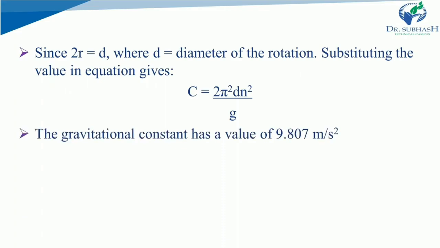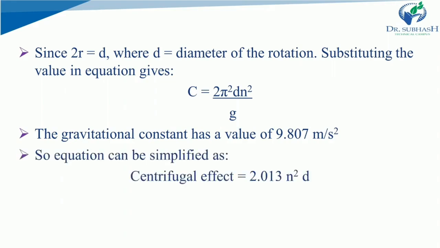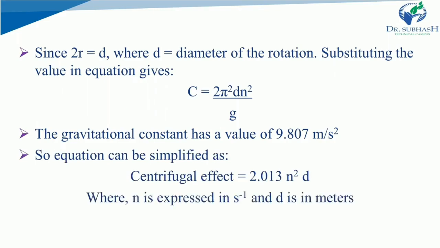The gravitational constant has a value of 9.807 meter per second square. So the equation can be simplified as centrifugal effect equal to 2.013 n square d, where n is expressed in s raised to the power minus 1 and d is in meters. So the ultimate equation here is this one, which is the final expression for centrifugal effect.